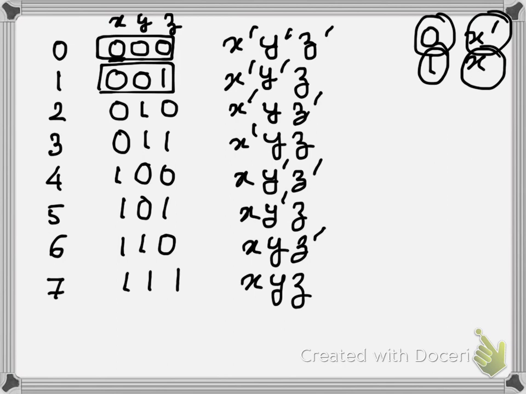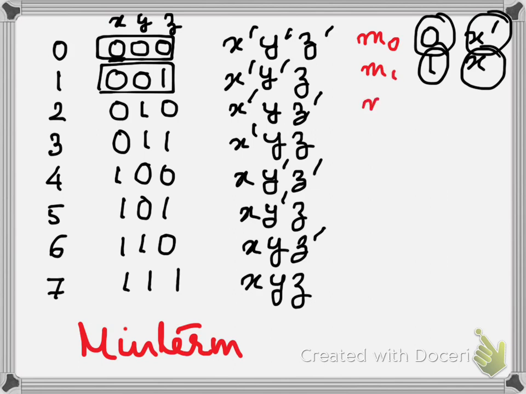Now each of these terms has a name, and they are called minterms. M-I-N-T-E-R-M, minterm. Each of these is a minterm. We write this as M0, the second one as M1, M2, M3, M4, M5, M6 and M7.